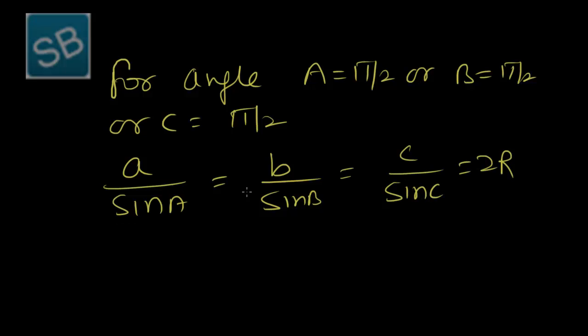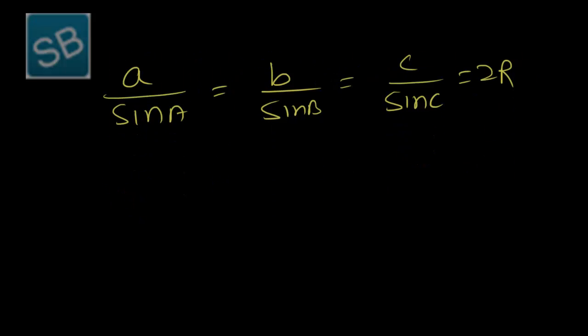That is, the sine rule holds when the angle is pi by 2. So next is case 3. This is the case when angle A is lying between pi by 2 to pi.